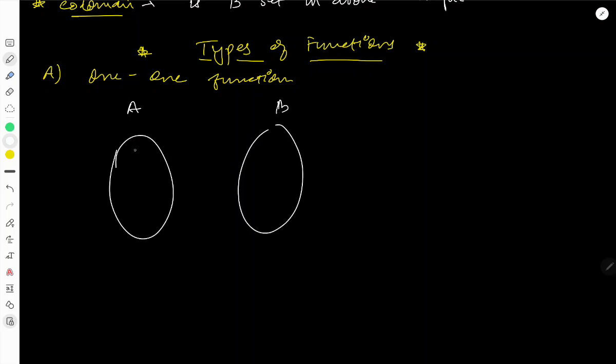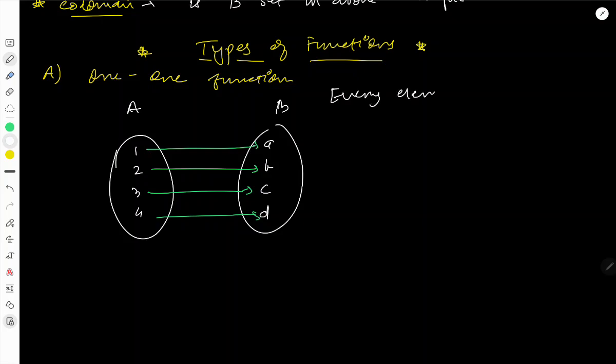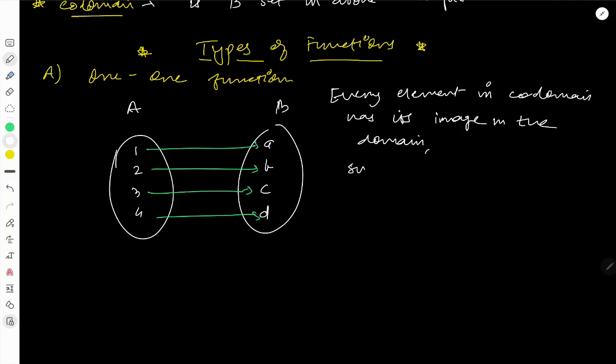This is B and here we have 1, 2, 3, 4, 5, and again we have, let's not take 5, that's too much, and A, B, C and D, and I relate them in such a way that, and this is to be learned by heart: every element in codomain has its image in the domain. Such a function is a one-one function.